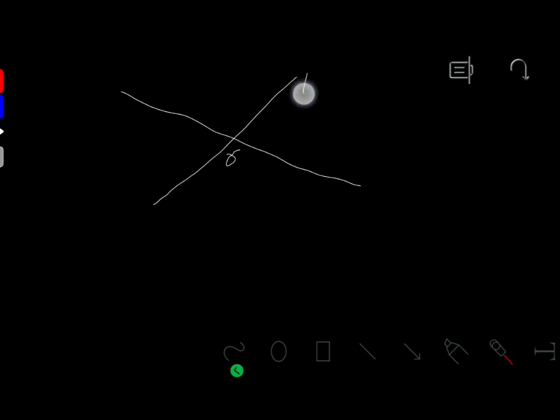Let's call this place D, here B, here A, and here C, right? For vertically opposite angles, AOC is equal to BOD. I repeat, AOC is equal to BOD. That is for vertically opposite angles.